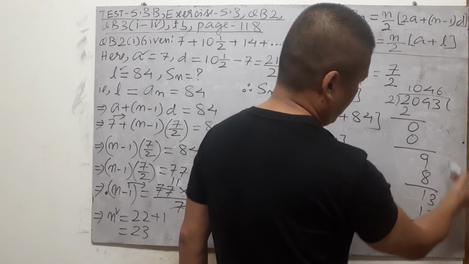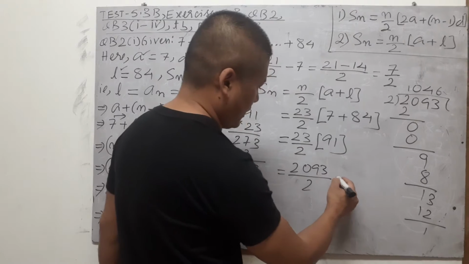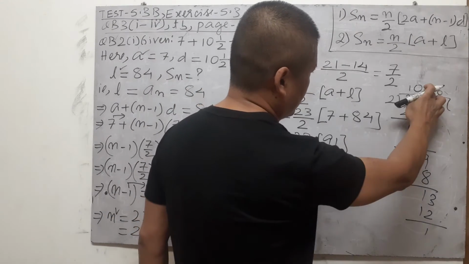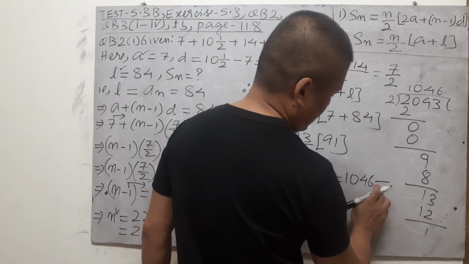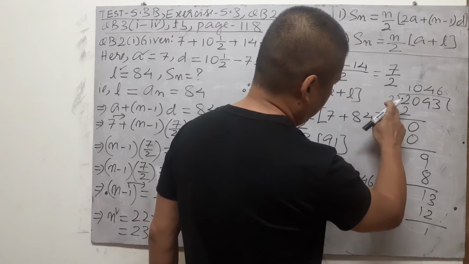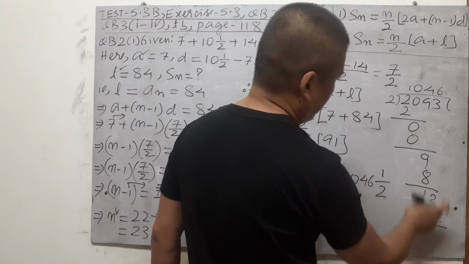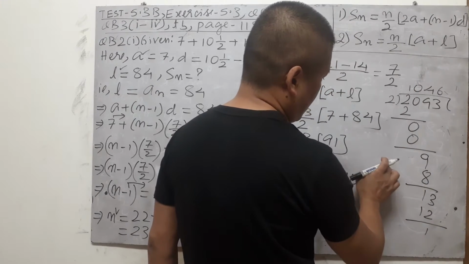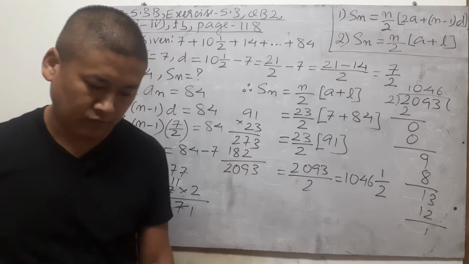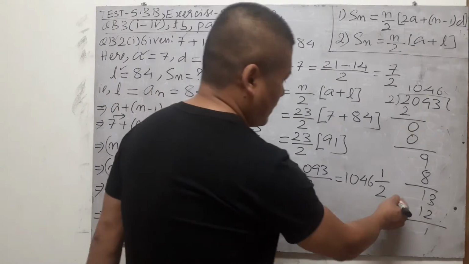Now the last digit is already used up, so we can stop. Mixed fraction form means 1046, we write the quotient first and put a dash in the middle, then the remainder up and the divisor down. So 1046, 1 by 2, like the textbook is doing. First answer.